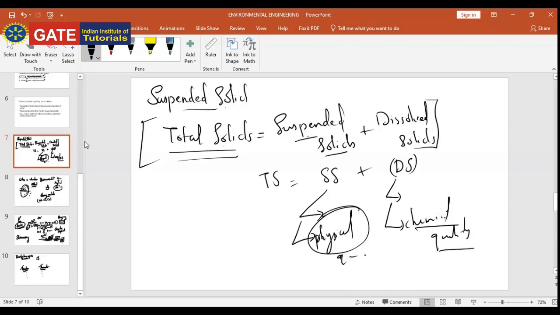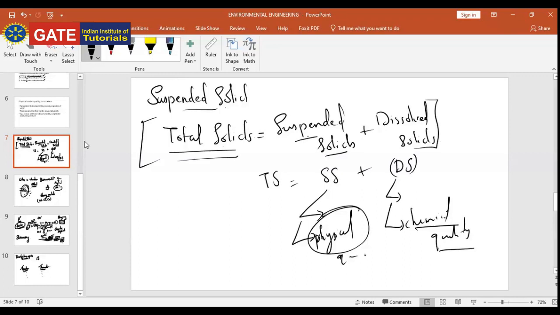Now, what if you are going to supply water having suspended solids through a pipeline? What will happen after a few days of pumping? If you pump this water having suspended solids through a pipeline, the pipeline will get clogged or blocked, right? Why?